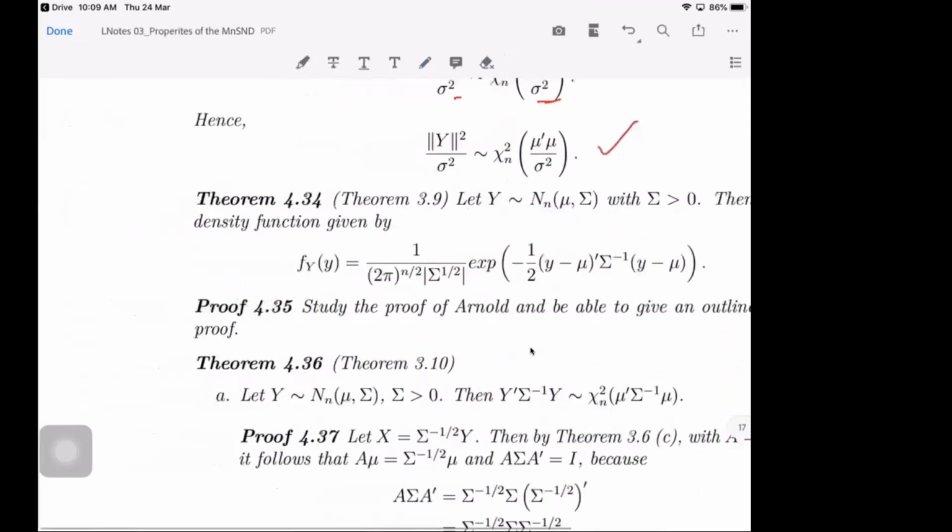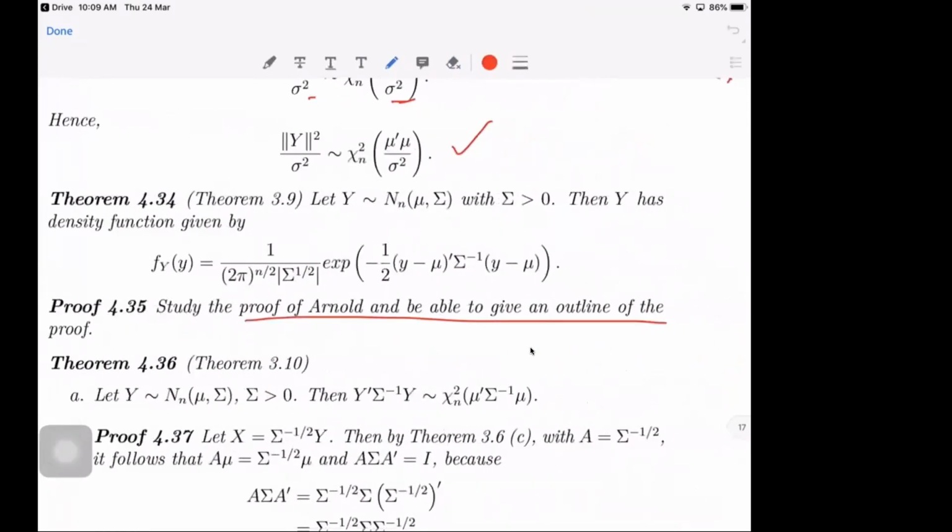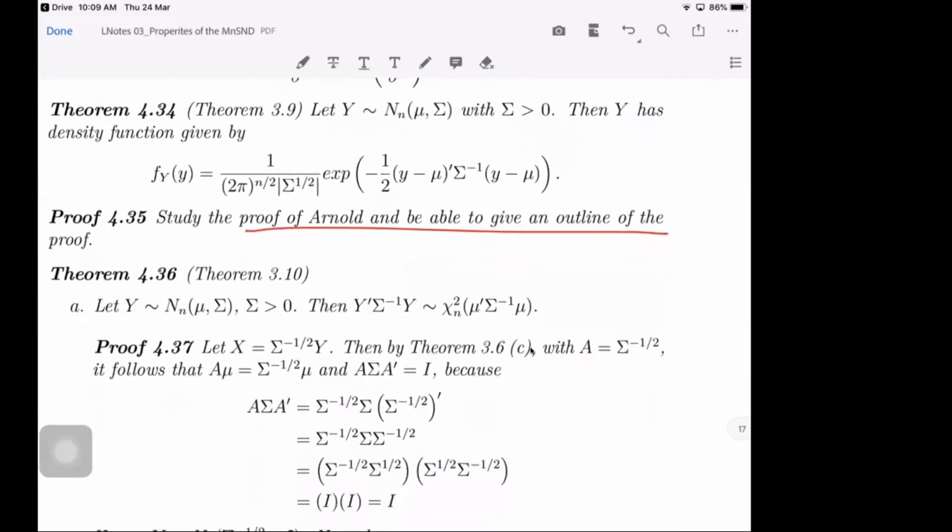So you just study how the proof of the probability density function for the normal in the univariate case goes, because the derivation there uses some Jacobian matrix. I think that should be discussed, or has already been discussed, in your undergraduate statistical inference or probability theory class.